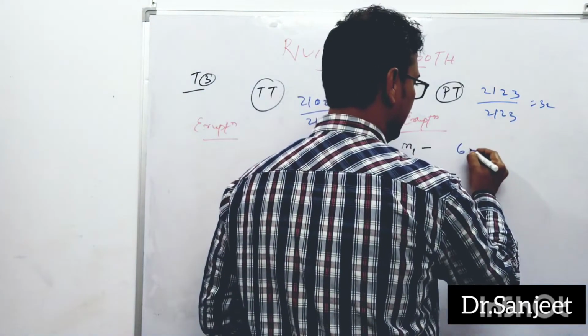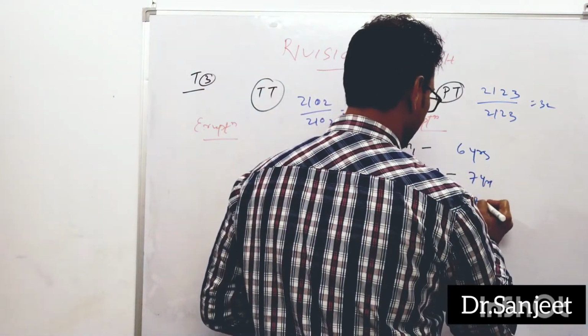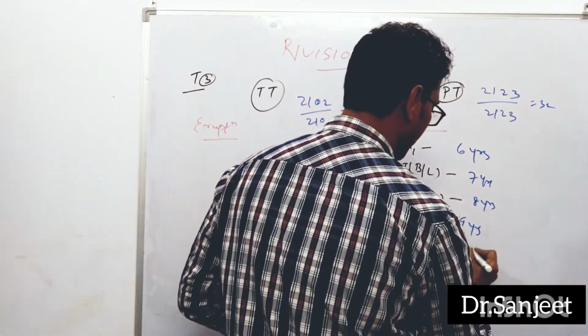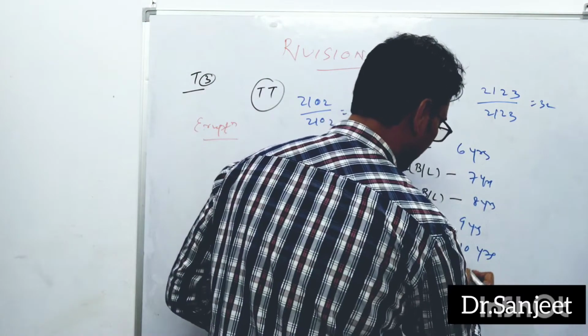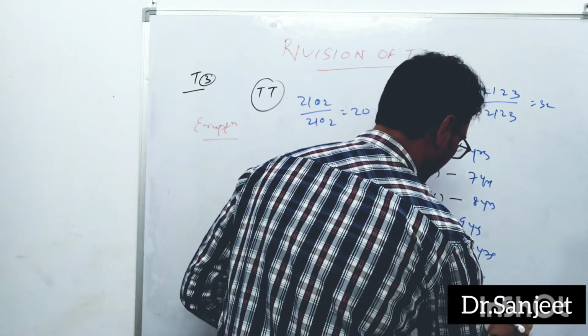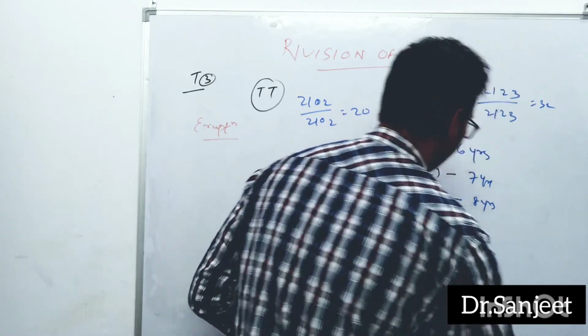Molar 1 at 6 years, central incisor 7 years, 8 years lateral incisor, 9 years premolar 1, 10 years premolar 2, 11 years canine, 12 to 14 years, and 17 to 25 years third molar, wisdom tooth.